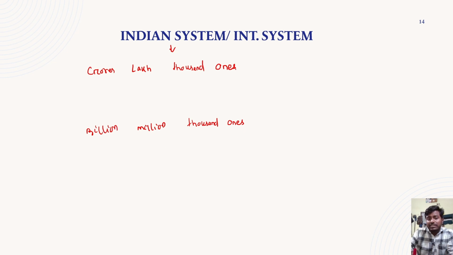But in the ones period, in the Indian system, there are three places: ones, tens, and hundred. And in the thousand period, two places, that is thousand and 10,000. In lakh also two, that is the lakh and the 10 lakh. In crore, that is the crore and the 10 crore.